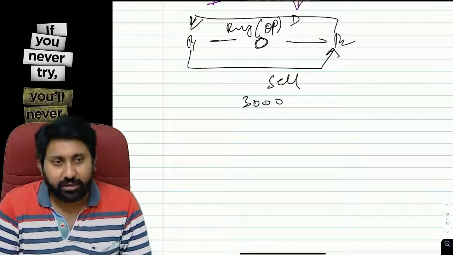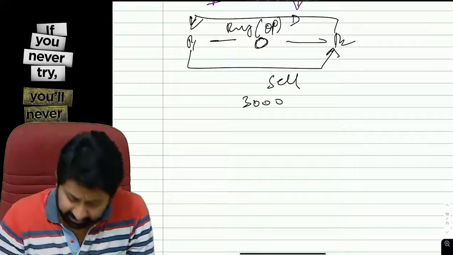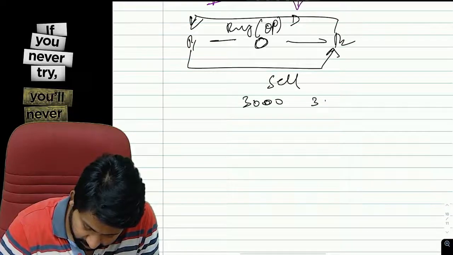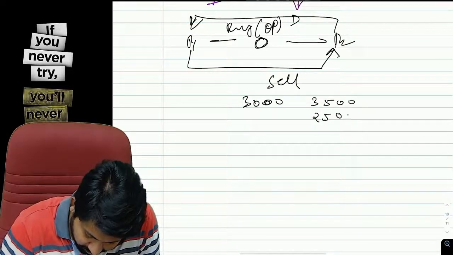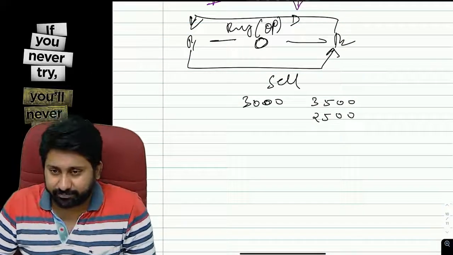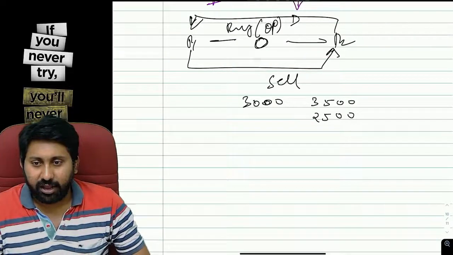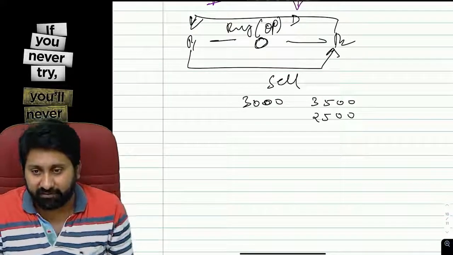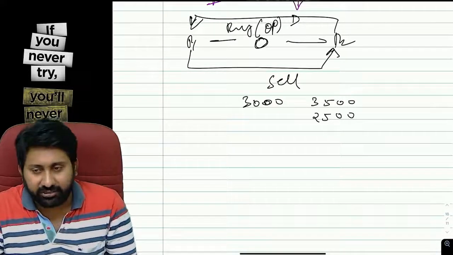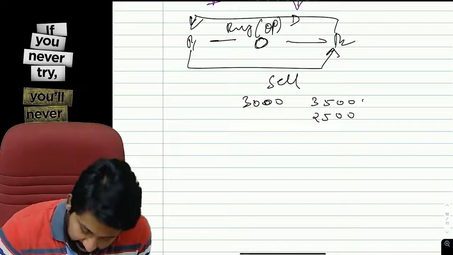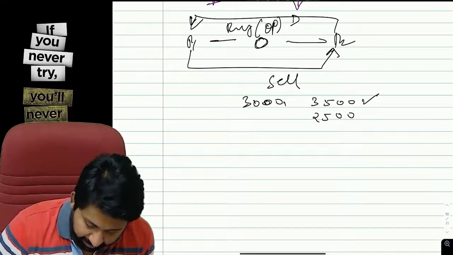On that day the real market price is, take two situations. Market share is available at 3500. I have an option to buy it at 3000. Now tell me, will I buy in the market or will I buy with party 2?